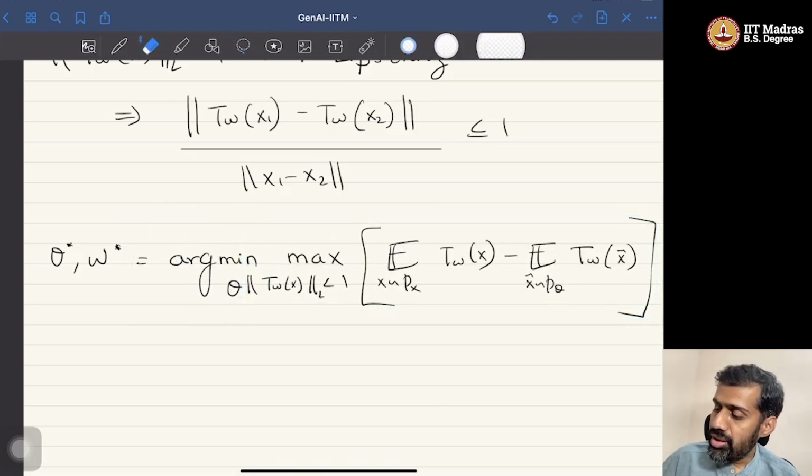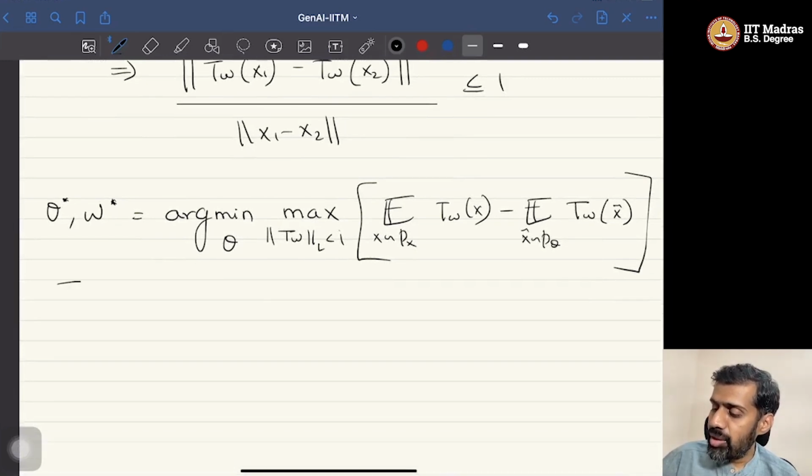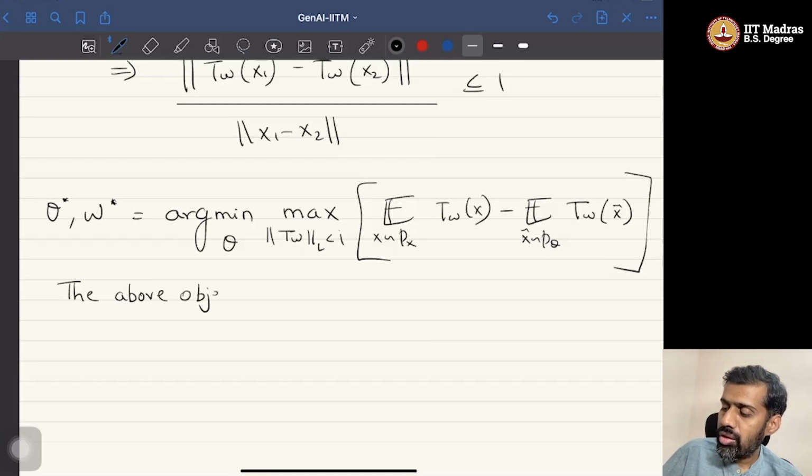Okay, this is maximization over tw, right, such that the tw network is 1 Lipschitz. That is what we are saying. So this is very, very similar. The above objective is very similar to that of GAN.